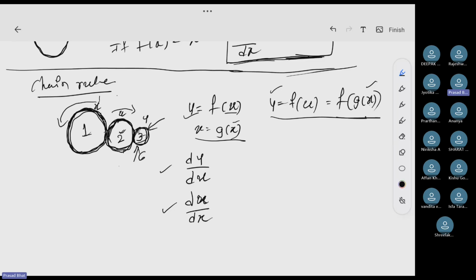The innermost variable is affecting the inner function, and that inner function's value is affecting the outermost function, correct? So if I want to find out dy by dx, not du, mind you, it is different from this one, how changing the value of x affects my outer function y, then what should I write?